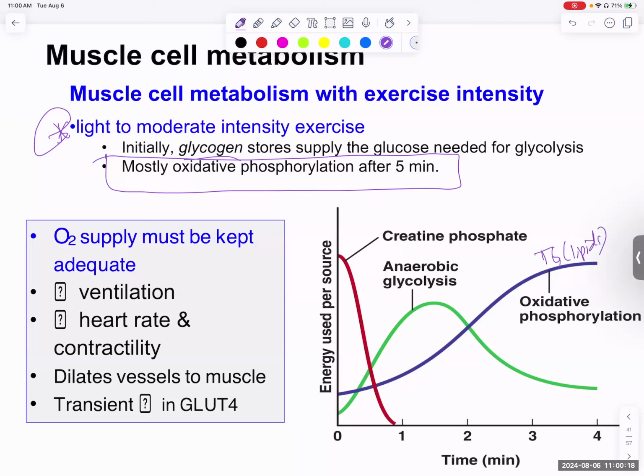And we can keep going and doing this for long periods of time as long as we have good ventilation, and as long as our heart rate and contractility is good, we dilate the vessels to the muscles, and we also are increasing the number of GLUT4 channels in the muscle fiber to increase amount of glucose that gets into the muscle cell.